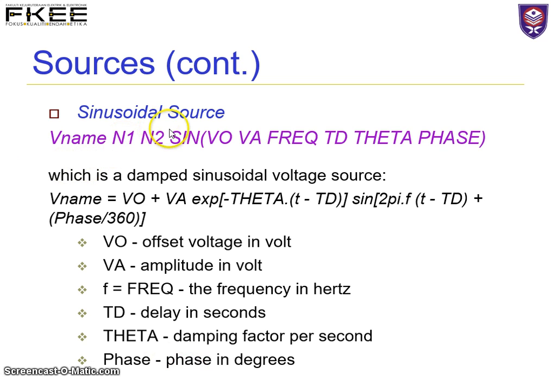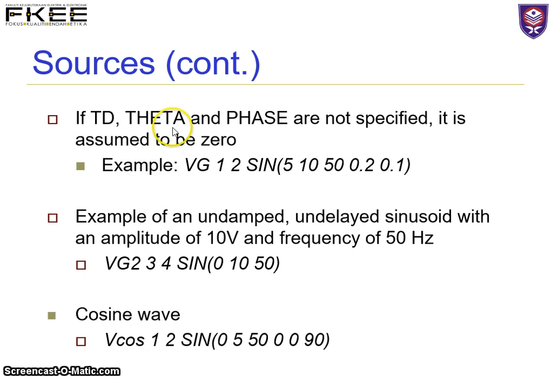And for a sinusoidal waveform, similarly, you have a name, between which nodes, and this is the type, which is sine, describing the sine wave. VO is the offset, then amplitude, frequency, delay, theta, and phase. If TD, theta, and phase are not specified, they are assumed to be 0.